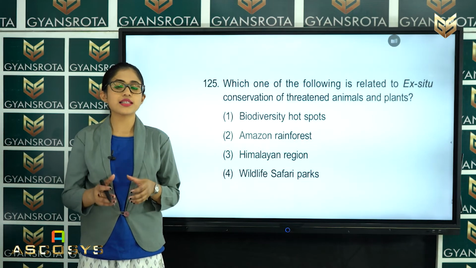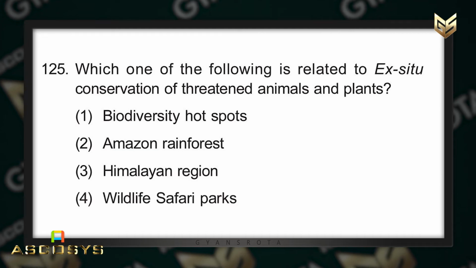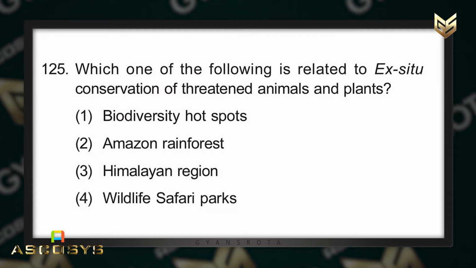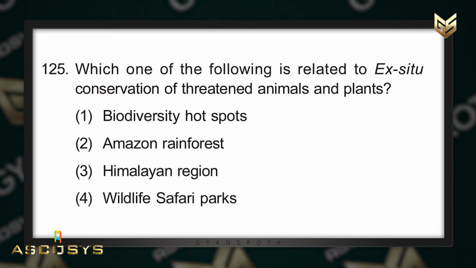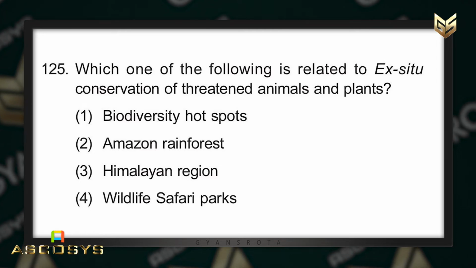In question number 125, it states: which one of the following is related to ex situ conservation of threatened animals and plants? 4 options are given. First option is biodiversity hotspot, second option is Amazon rainforest, third option is Himalayan region, and the fourth option is wildlife safari parks.